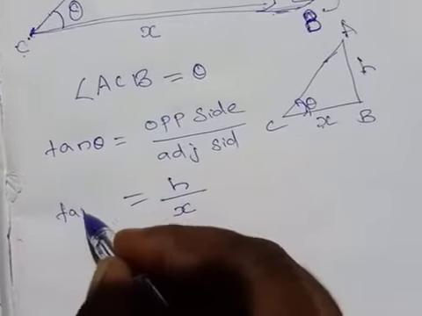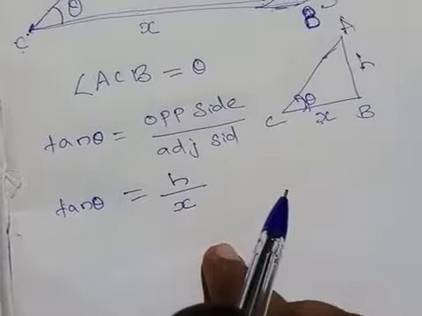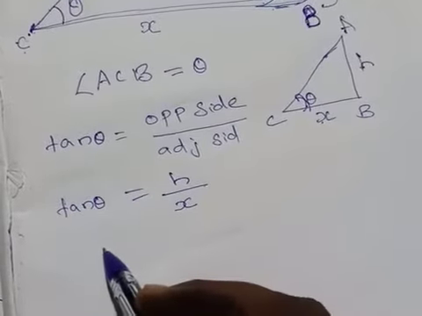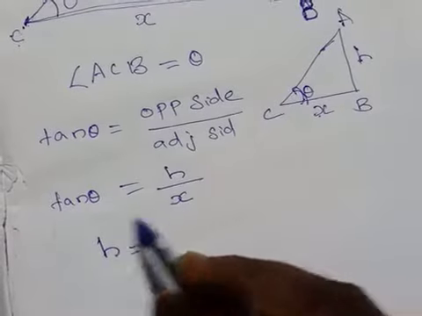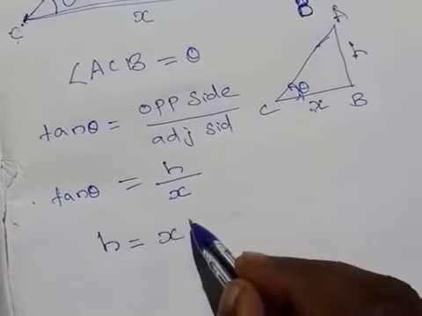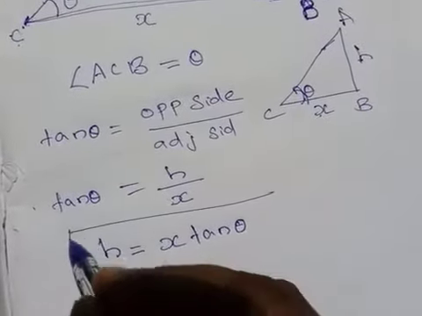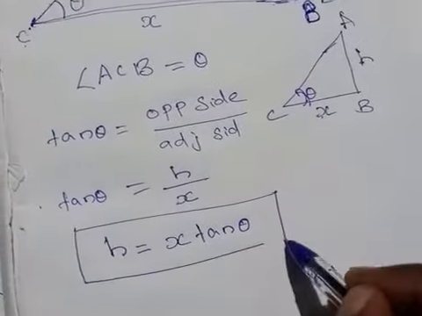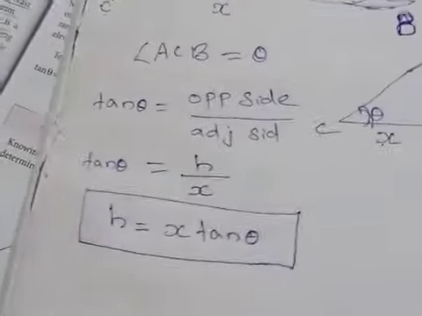So tan theta is equal to h by x. So to measure the height of the tree, h is equal to, taking this x across, cross multiplication, x tan theta. This is the triangulation method. This is one of the important 3-mark questions.